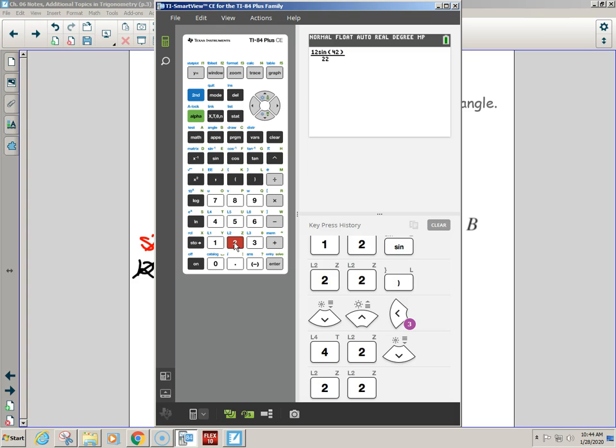Well, first of all, I think it'd be a nice thing for you to go ahead and use your fraction function that you're not using. That's not the answer, but that is the fraction.